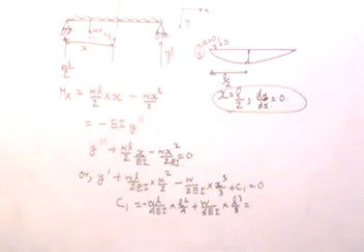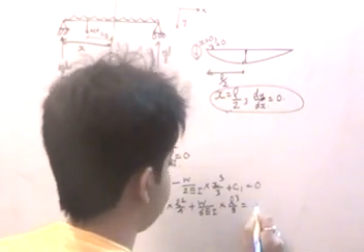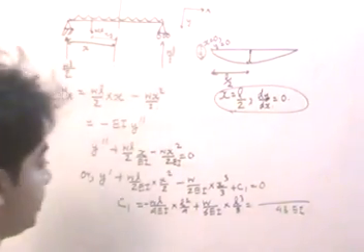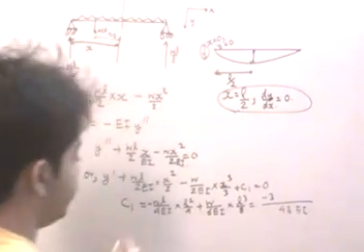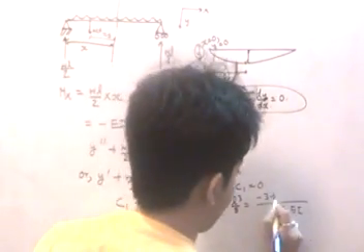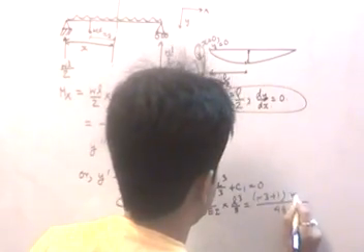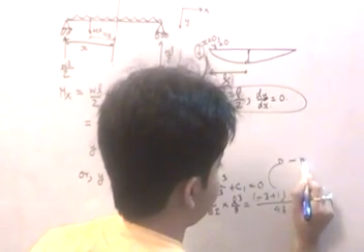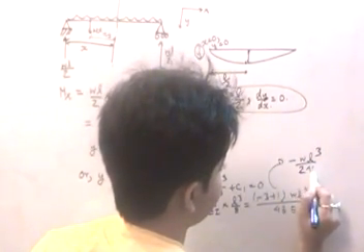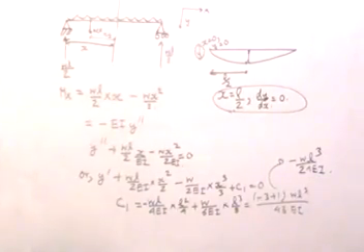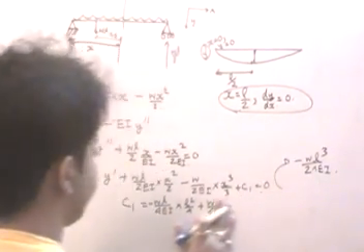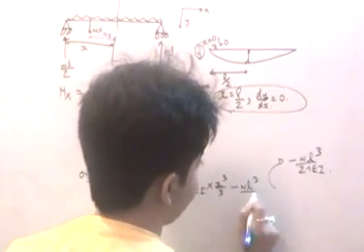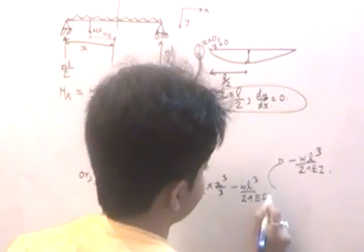That is 48 EI over 16, so minus 3 WL cube plus 1, that is WL cube. So this will be minus WL cube by 24 EI, right? And I can substitute this in place of C1.